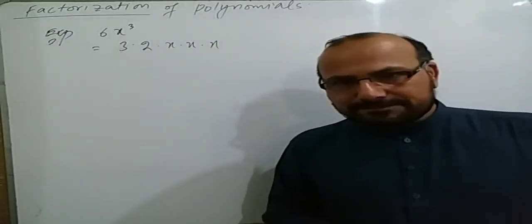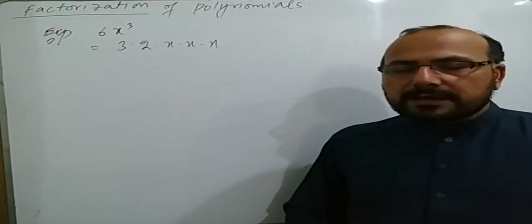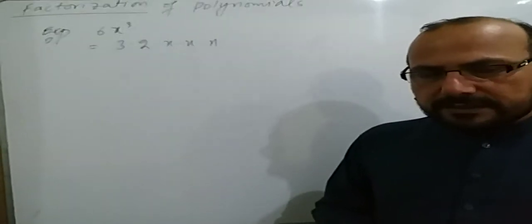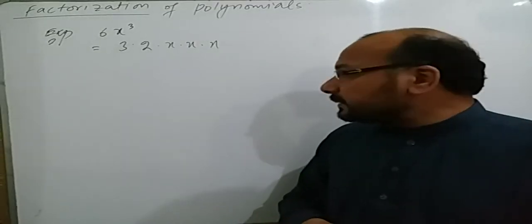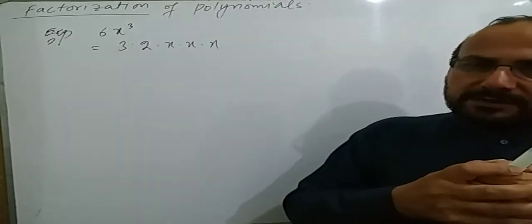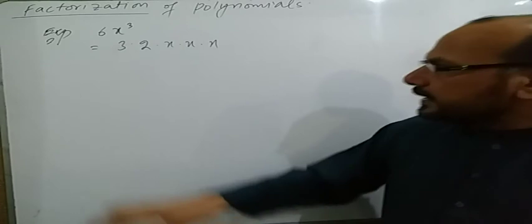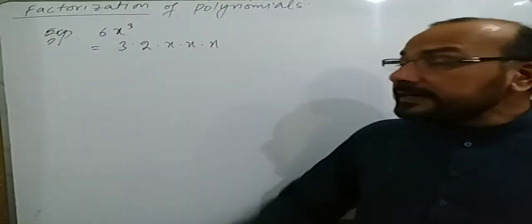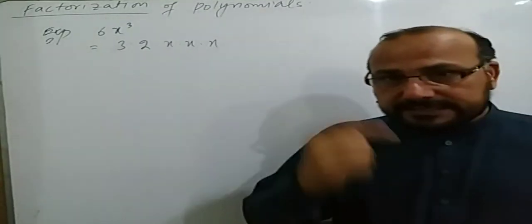Just multiply, and you will write the factorized form. Basically factorization is the reverse process of multiplication. In multiplication we add the powers, and in factorization we spread the power. x^1, x^1, x^1 means x^3 when multiplied. By this way you can make the factors of a single term.